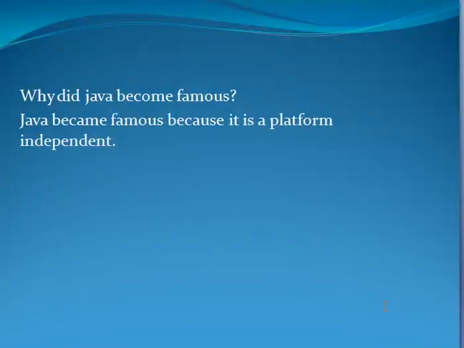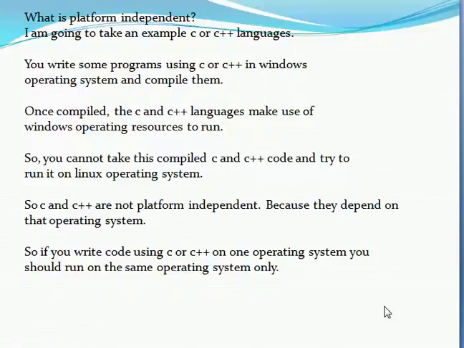Why did Java become famous? Java became famous because it is platform independent. What is platform independent? I am going to take the example of the C and C++ languages. You write some programs using C and C++ in the Windows operating system and compile them. Once compiled, C and C++ make use of Windows operating system resources to run.